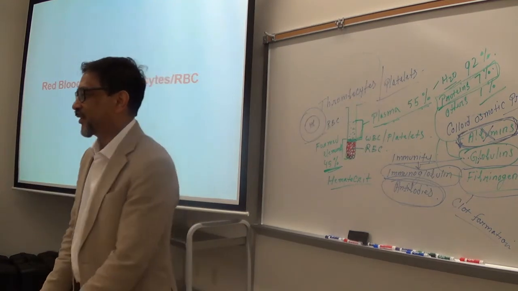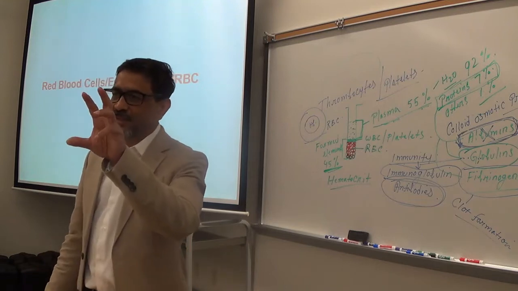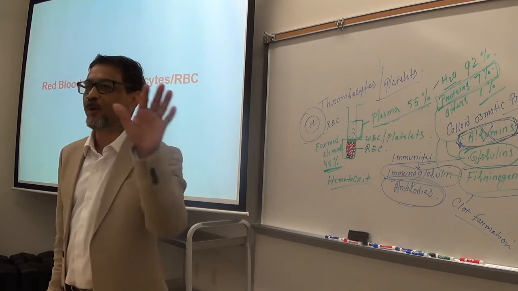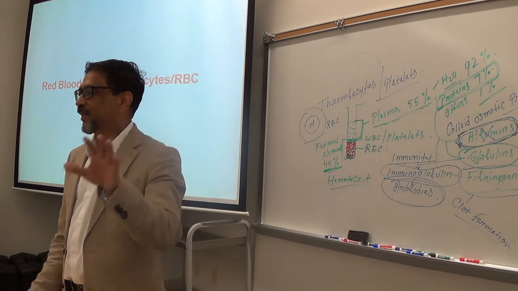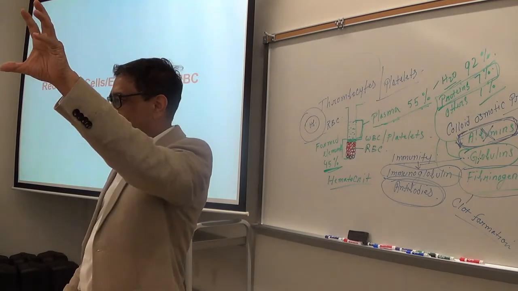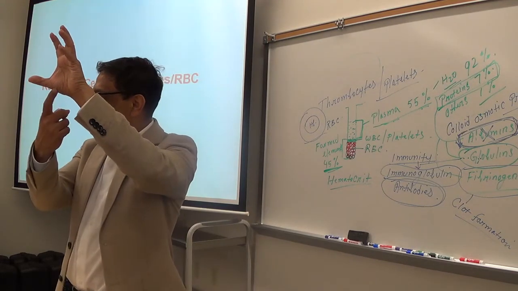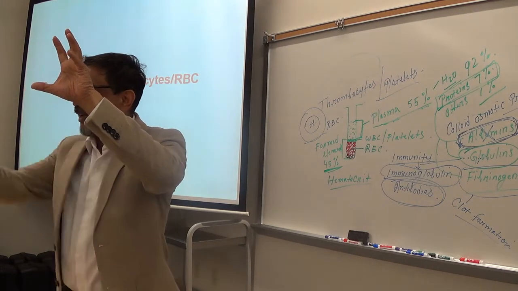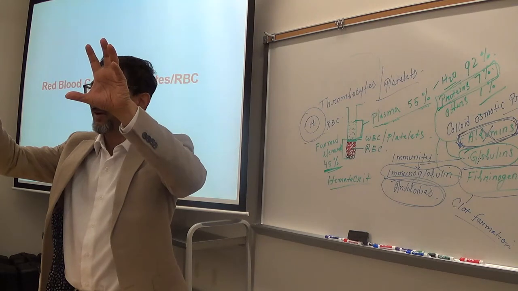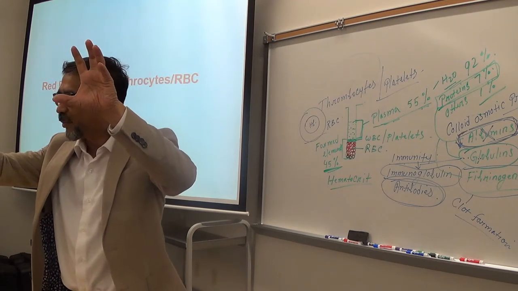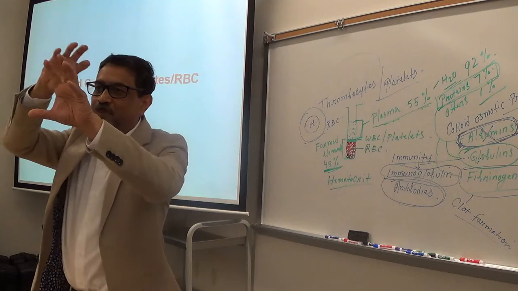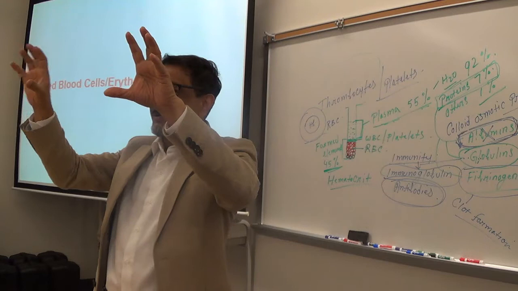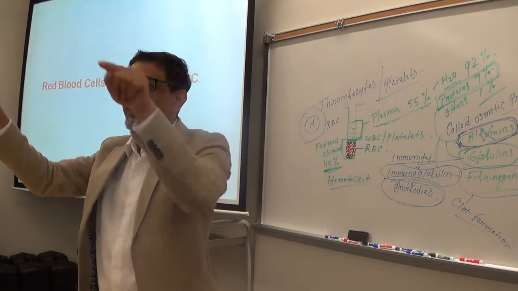Immature red blood cells, if you see, they have a nucleus, no hemoglobin inside. Now you tell me, this is immature. I said it has what? Nucleus inside, but no hemoglobin. Make sense? And this is a mature red blood cell. You have no nucleus, but you have what? Hemoglobin. Now you tell me, to go from immature to mature, what are the changes you should see?